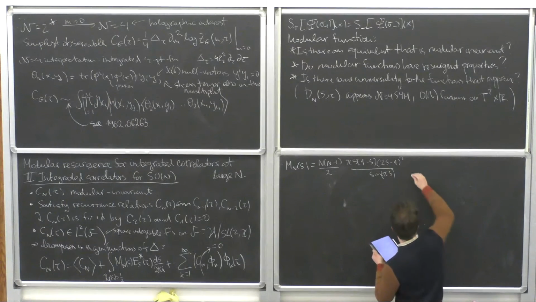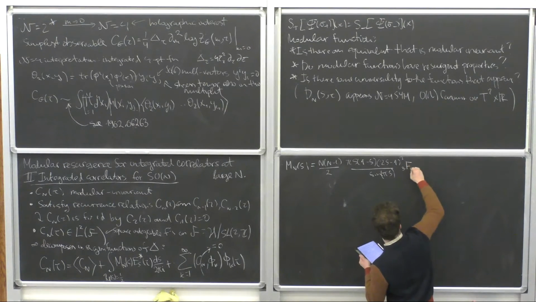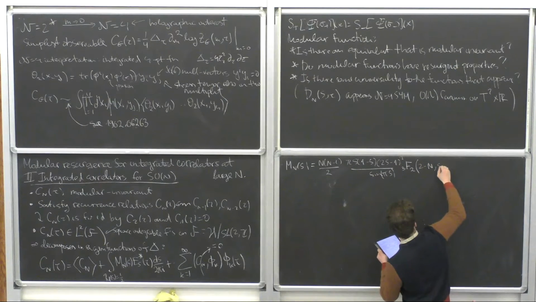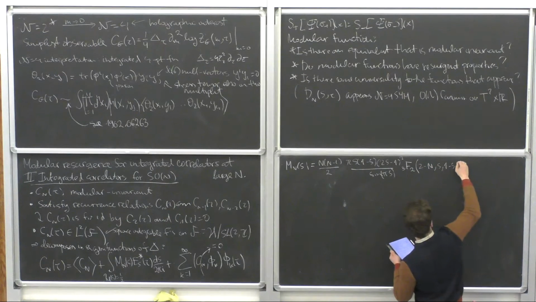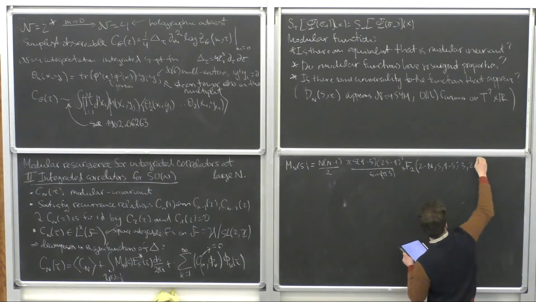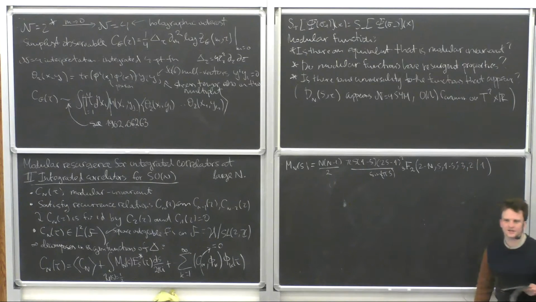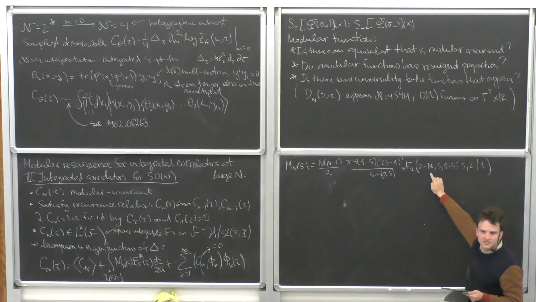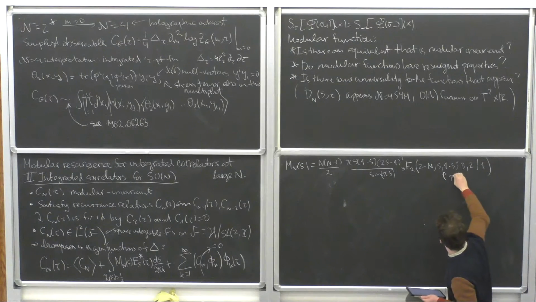And finally, there is a 3F2 (2-N, s, 1-s; 3, 2; 1) evaluated at 1. So a little scary looking, but with this 3F2, you can notice N is an integer, so 2-N is a non-positive integer. This is just a polynomial in s.